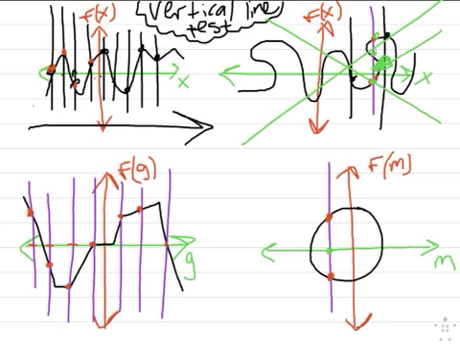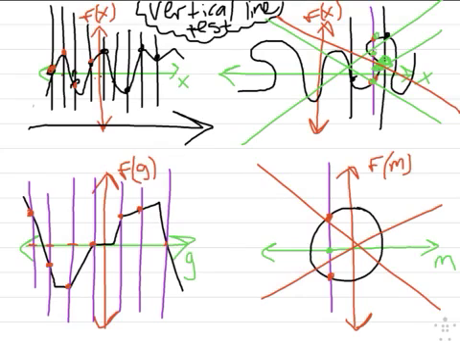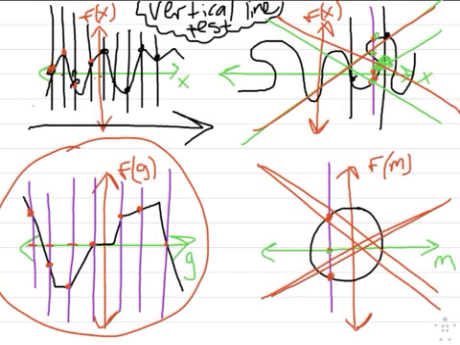So this cannot be a function. This is not a function, because I have more than 1 output for this particular x value. Same here. For this particular x value here, I've got 3 outputs. Okay, so these guys are okay. There's a check, yeah, it is a function. These guys, no go.